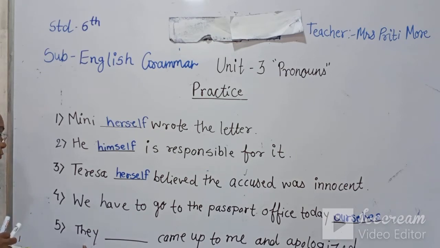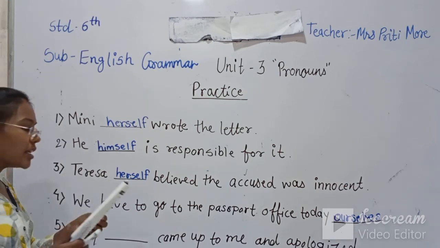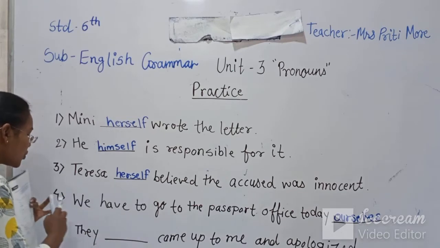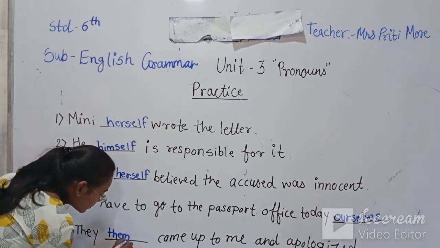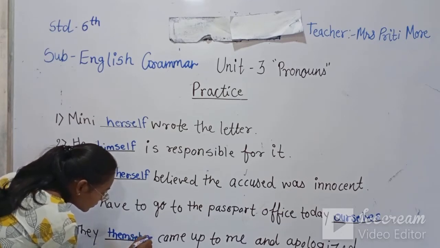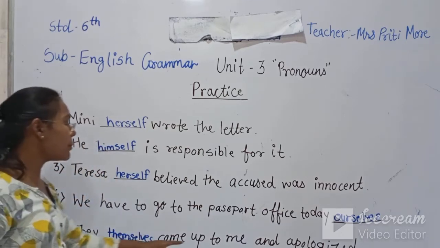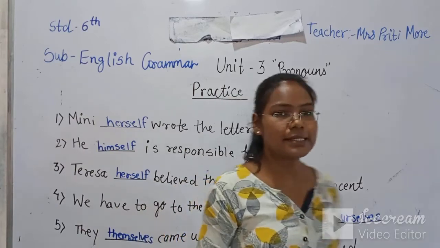They means third person, and for they, what do we use? Themselves. So what will come here? They, themselves. They themselves came up to me and apologized.